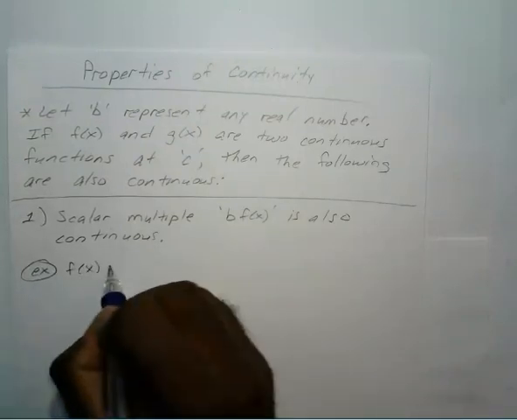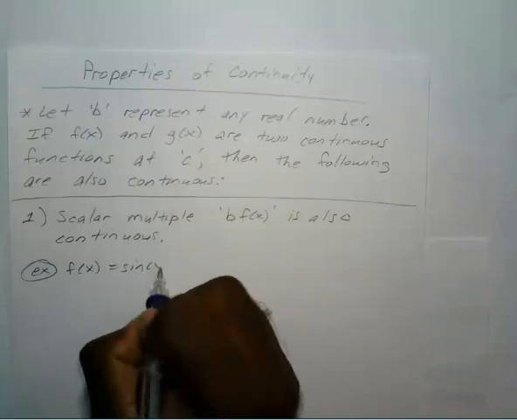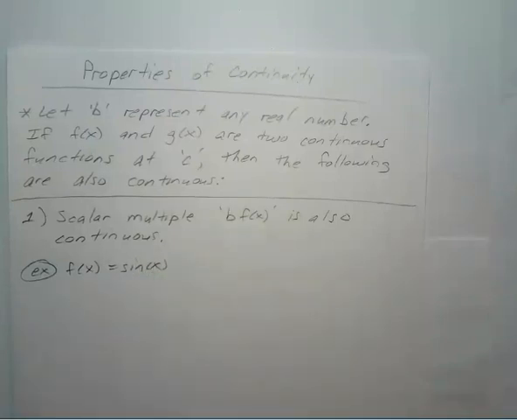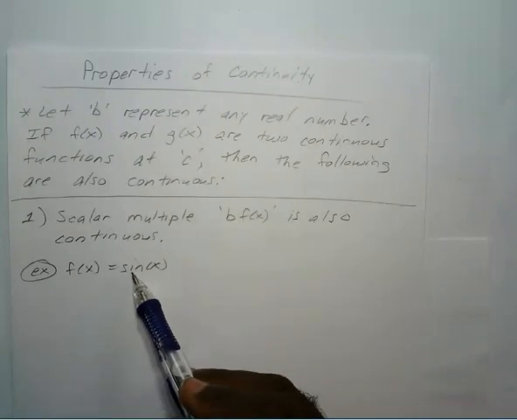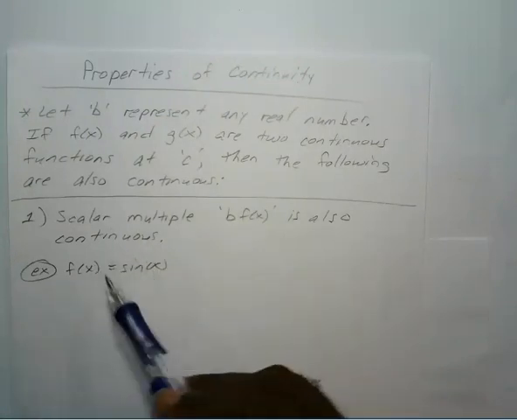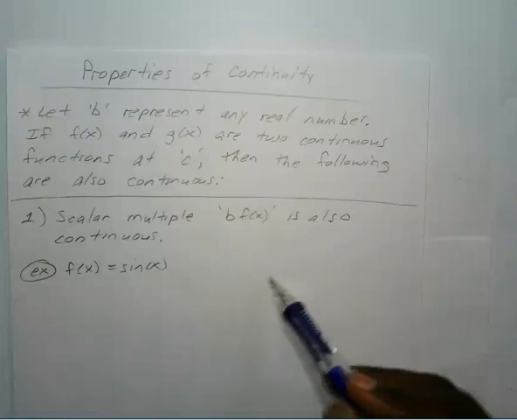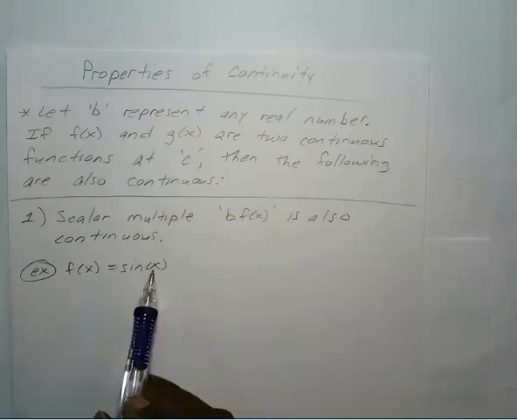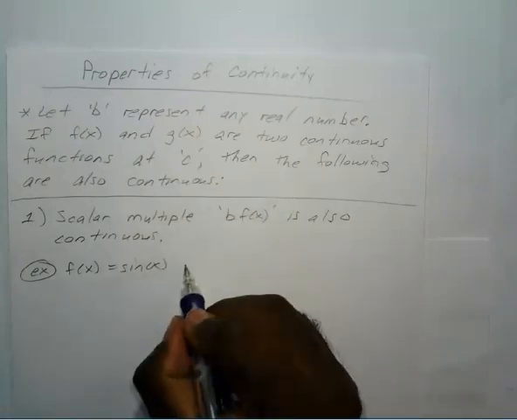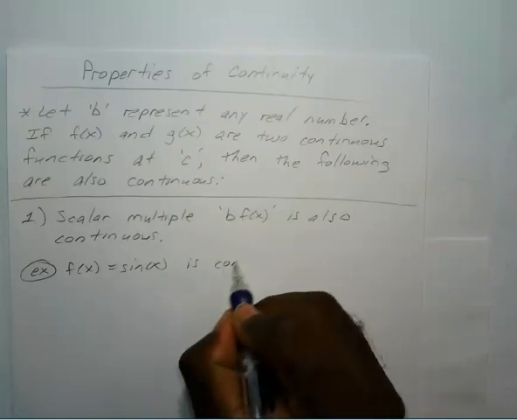let's say if you have f of x equals sine of x. Okay, we know it's continuous because we can actually draw the graph for f of x equals sine of x without raising our pencil. It's just a complete sine wave, one continuous function. There are no values of x that would make that undefined. Okay, so we know it is continuous.